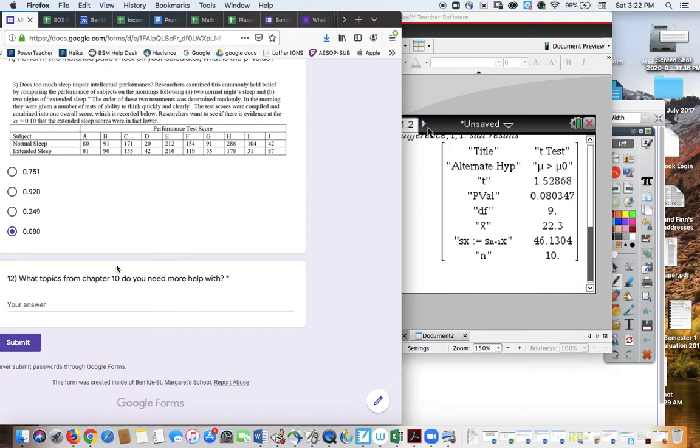And then just kind of talking about the difference between proportion problems and mean problems. How do you know if it's a phantom or a panic? That sort of thing. So kind of your frequently asked questions. I'll do a video of those to kind of address the questions you had in number 12 here.